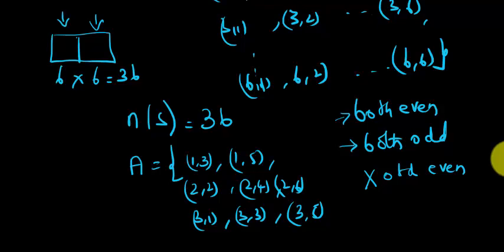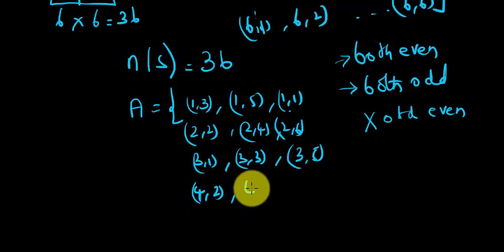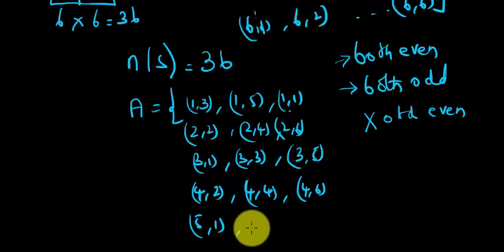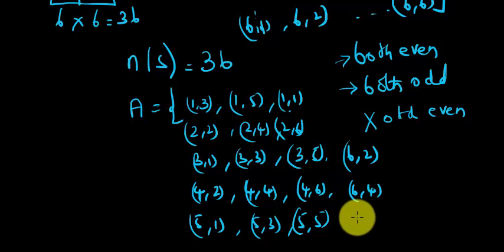Then 4 comma 2, 4 comma 4, 4 comma 6, and then 5 comma 1, 5 comma 3, 5 comma 5. And at last 6 comma 2, 6 comma 4, and 6 comma 6. You understanding? So how many possible options? 1, 2, 3, up to 18.